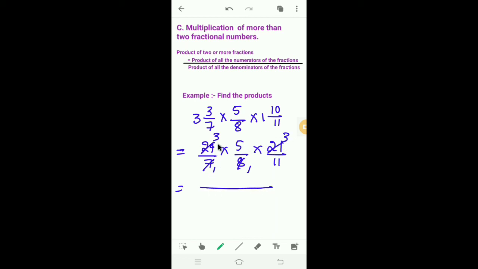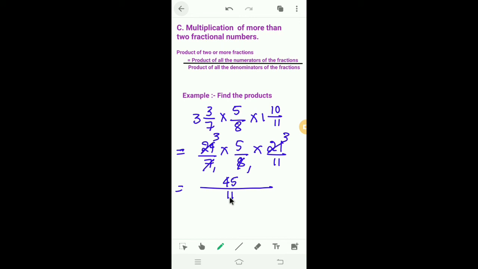Next we have to multiply all the numerators. 3 into 5 is 15. 15 into 3 is 45. Next we have to multiply all the denominators. 1 into 1 is 1. 1 into 11 is 11. So the answer is 45 by 11.